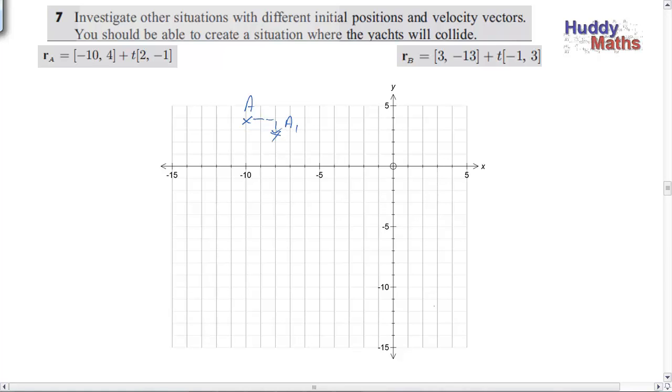If we come down here again, we'll start yacht B at the same point, but let's make them collide. That's a bit cruel. So let's say, where is yacht A at t equals 5? So the position of the yacht is negative 10, 4 plus 5 lots of 2, negative 1, which is negative 10 plus 10.